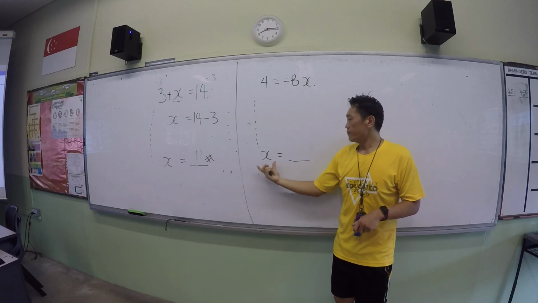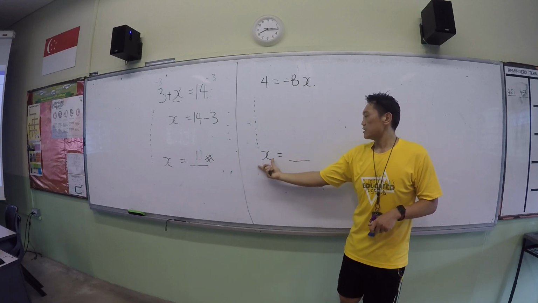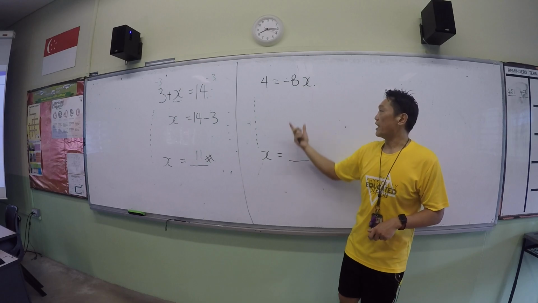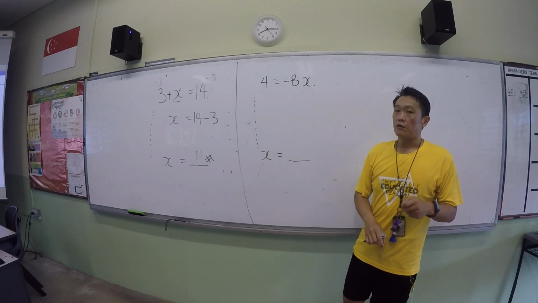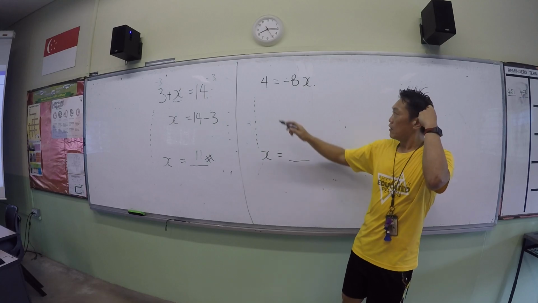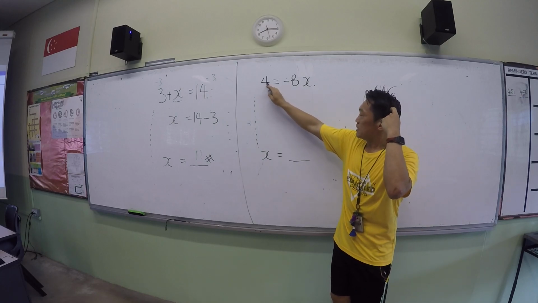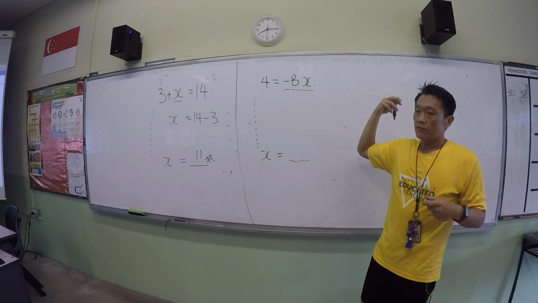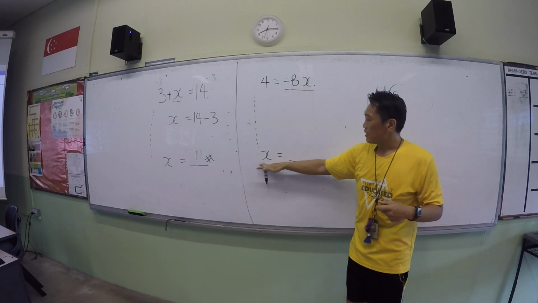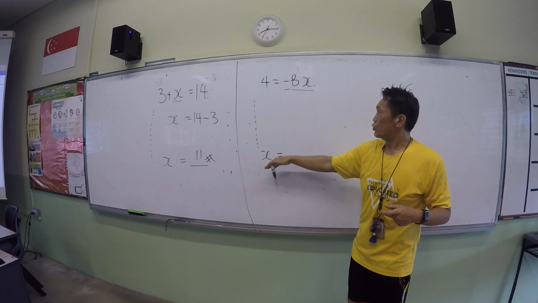Then I will know what x is, so that left and right are balanced. Okay? So this time round, my number is here, my x term is on the right. So finally, I want x to be alone.